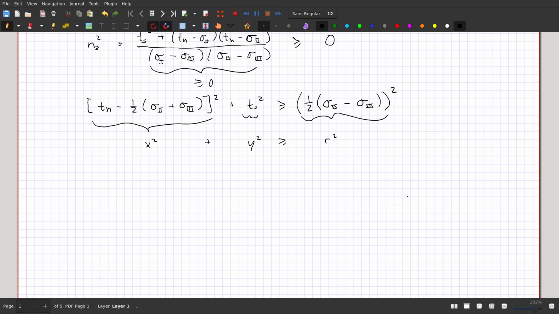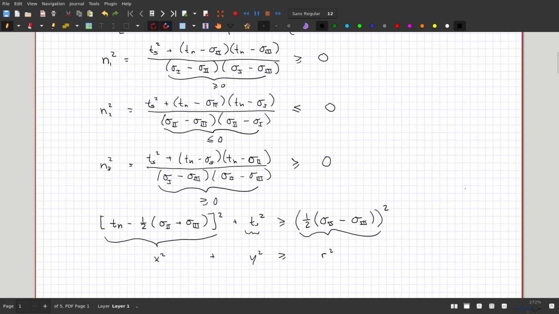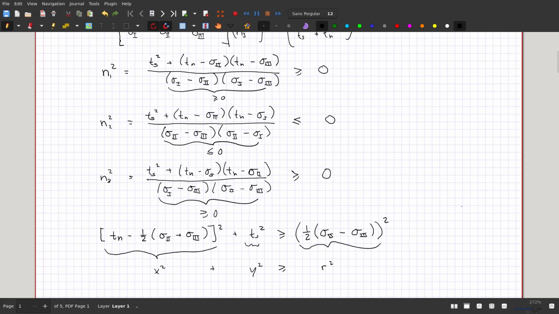I think the equation for n3 squared is incorrect. The denominator should be opposite. Sigma 3 minus sigma... I think it's sigma 1 minus sigma 3, sigma 2 minus sigma 3. No? I think that's right. So for the second one you use sigma 2 minus sigma 3, sigma 2 minus sigma 1.